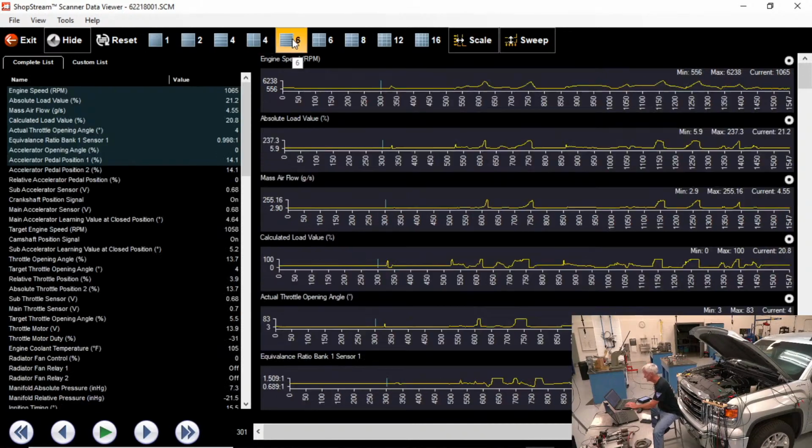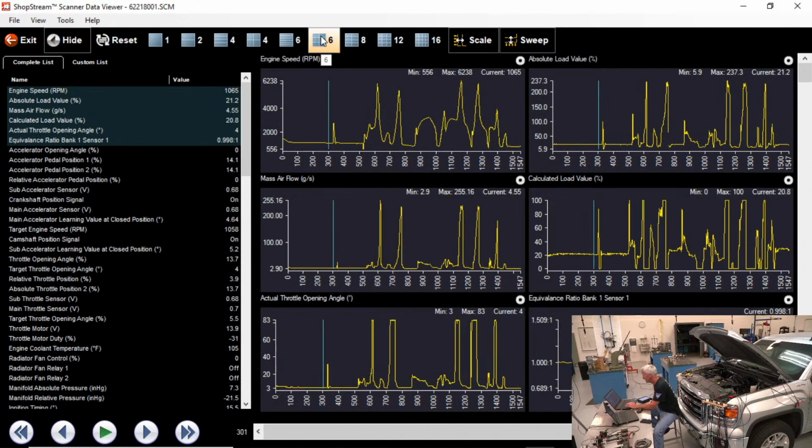See if I do 6. That's kind of a good graph there, I think. Actually, you could probably see it better like this. There we go. Now, if you look, they already have the min and max set up there, so it's kind of nice with the mass airflow sensor. Over here, you can see the max was 255 grams of airflow per second, which is crazy to think, because I got 202 on my Tahoe at 5,000 RPM, and it's a 5.7 liter engine.